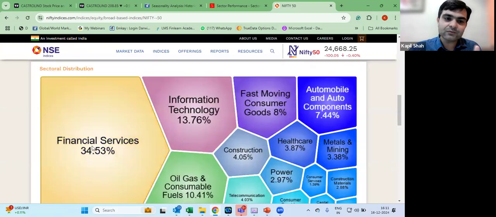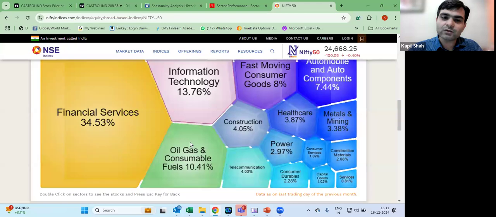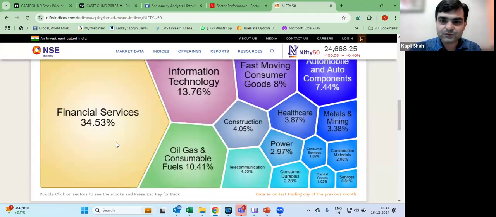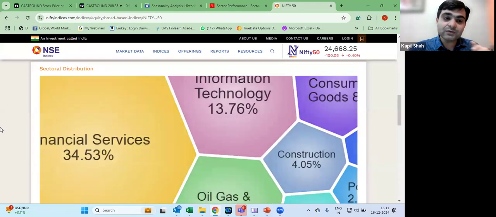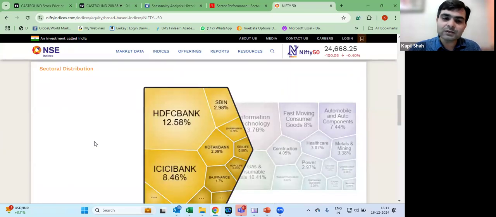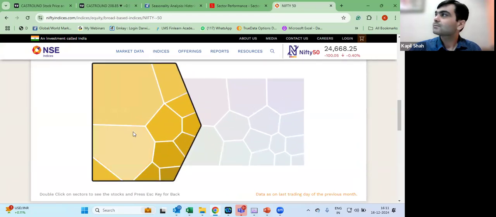In the Nifty 50, there is the financial services sector, which has a 34 percent weight, followed by information technology, followed by the oil and gas sector, and so forth. Now, within financial services, if I double click on this part, I will come to know who has the highest weightages.